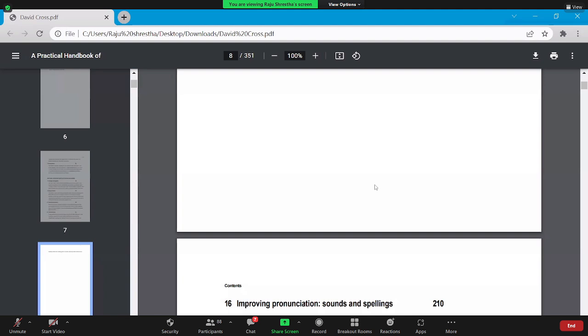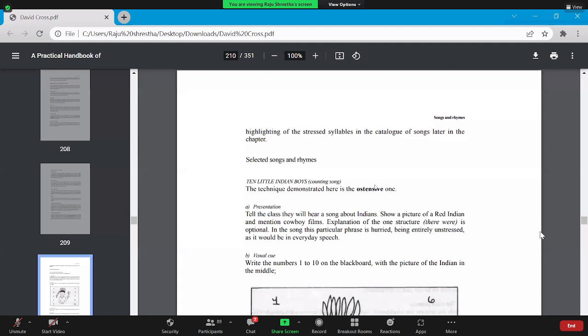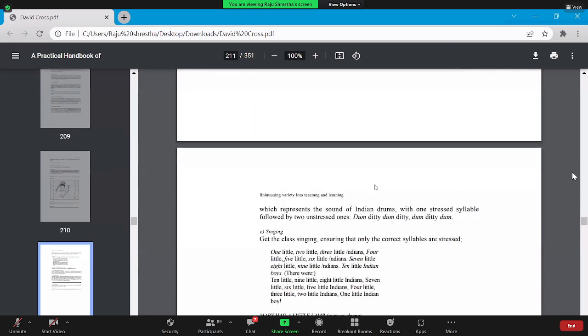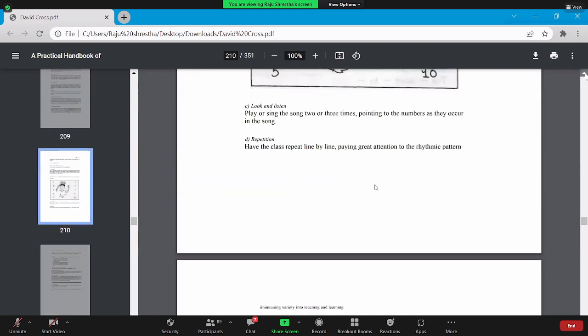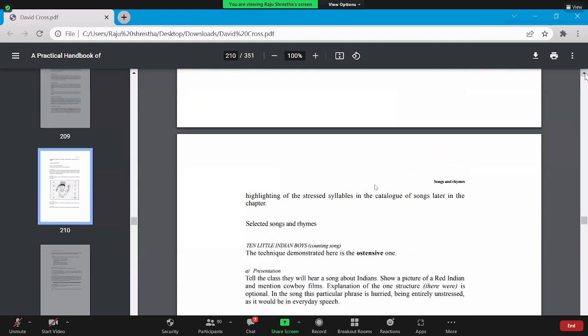This is sounds and spelling. So we can see some techniques given there, on page 210, not 200. I have borrowed many ideas from this book.